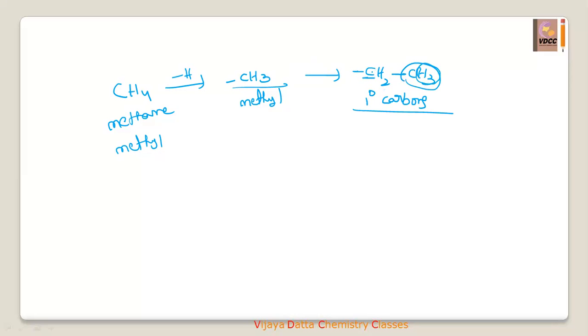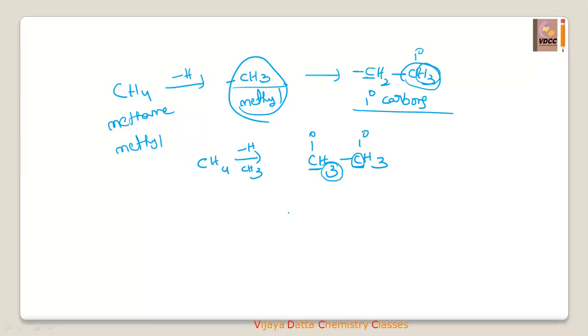This one is the methyl group. When one hydrogen of CH4 is replaced with CH3, this carbon is called primary carbon because it is attached to only one carbon. Now, fine, one of the hydrogens here I am also removing.